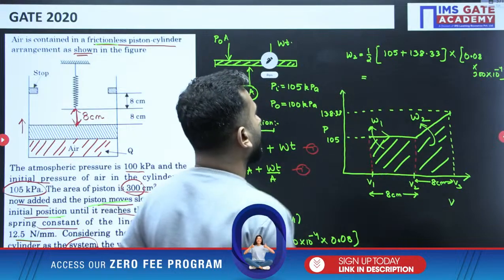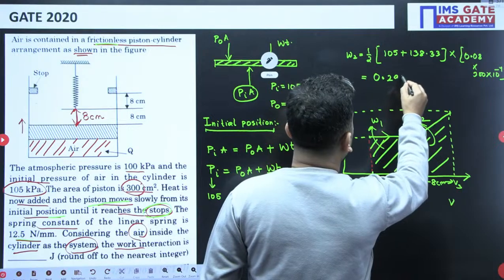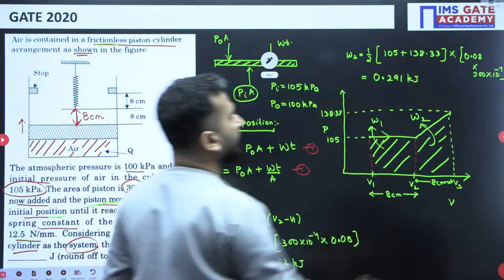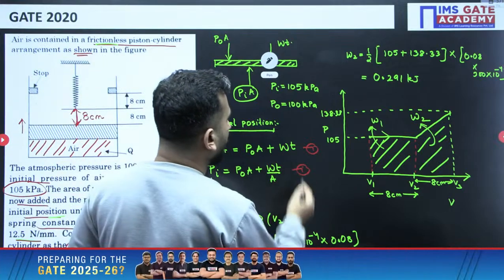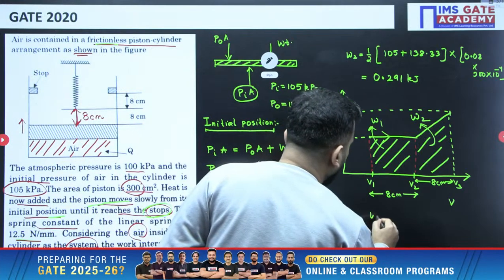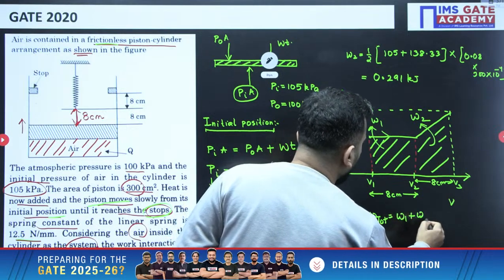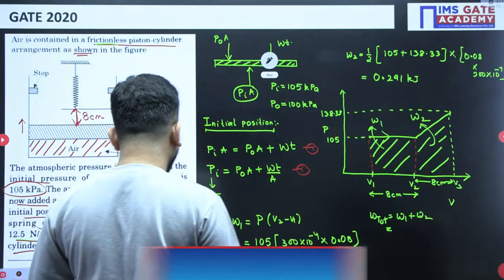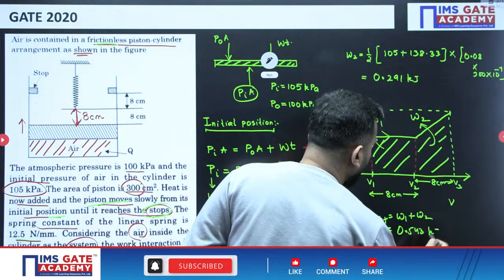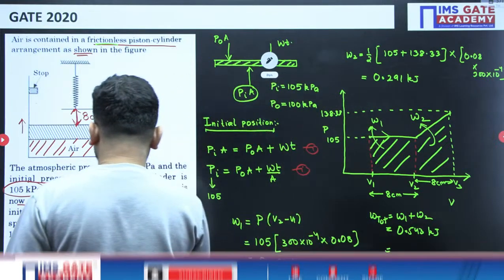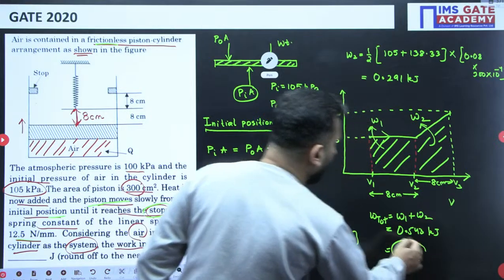If you solve this, my dear friends, you are going to get 0.291 kilojoule. Why kilojoule? Because I have kept kilopascal, right? So W1 is this, W2 is this. The total work will be W1 plus W2, and if you add both, you get 0.543 kilojoule, but he is asking in terms of joule, so it will be 543 joule.